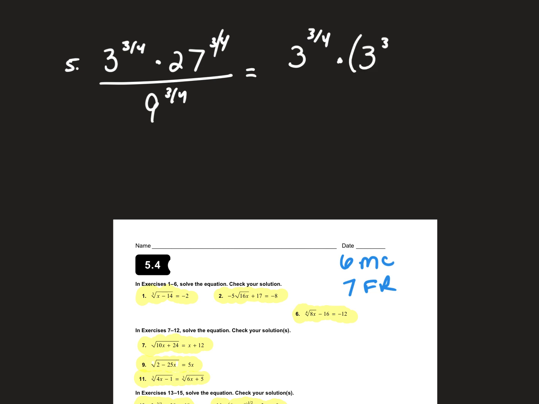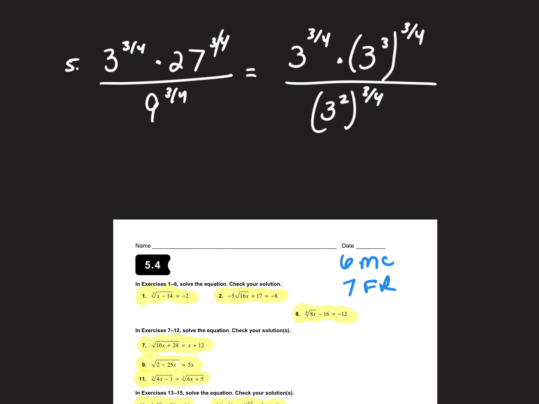If I write 3 to the 3rd power, that is the same thing as the whole number 27. And then this is still to the 3/4 power. And then what's another way I could write 9? 3 to the what? 3 to the 2nd power, okay? So now all we've done is just simplify. We wrote every single whole number, every single base as a 3 to the something.